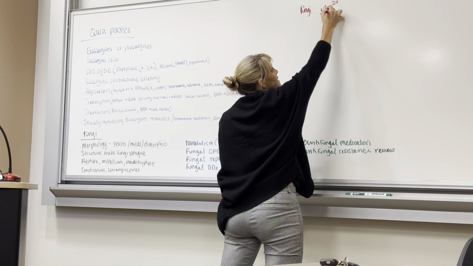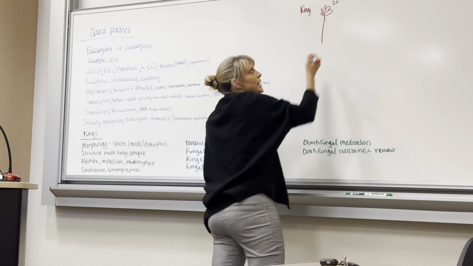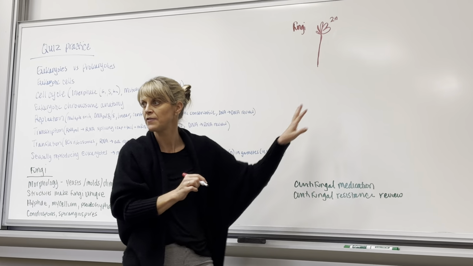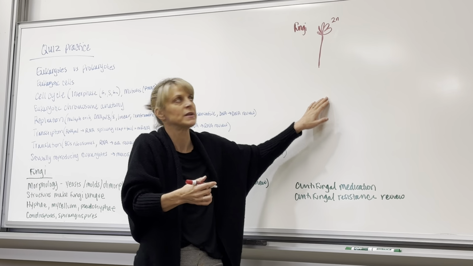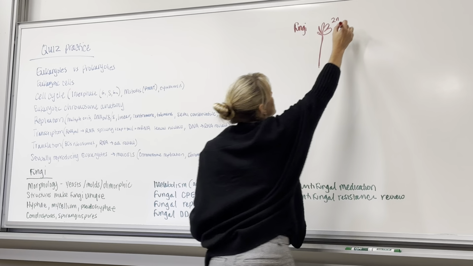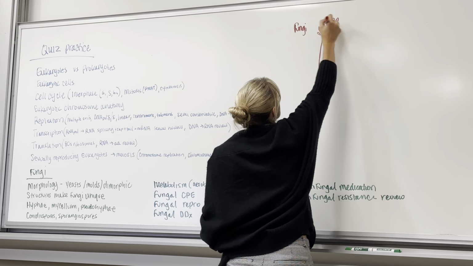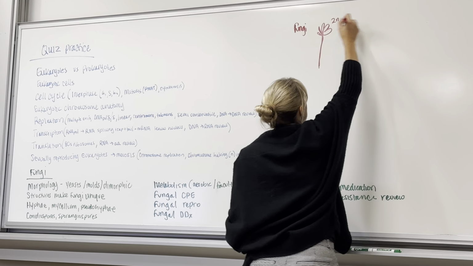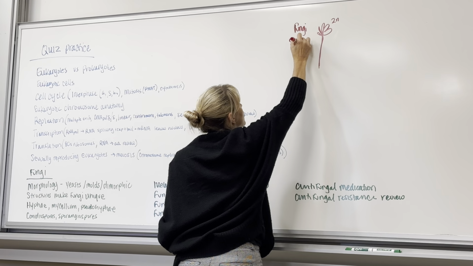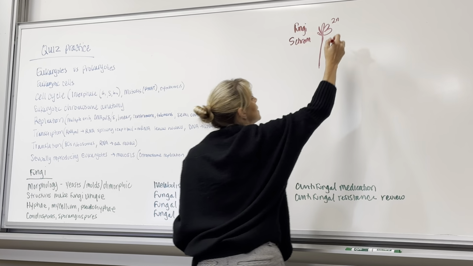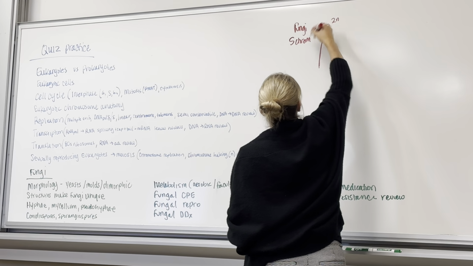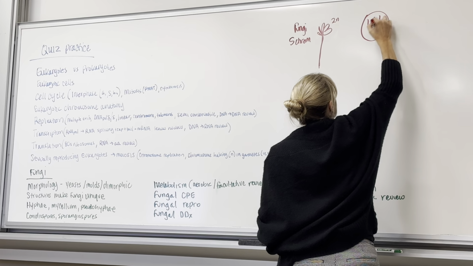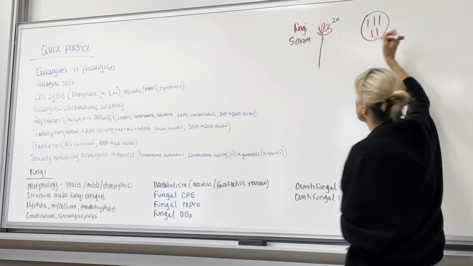So every cell in this fungal plant is diploid, just like us. Let's just pretend it's a fungus, since that's what we've been talking about, but same as us. So if this fungus, for example, has 5 chromosomes, it's a 5 chromosome organism. So all of these have 5 in every single cell.